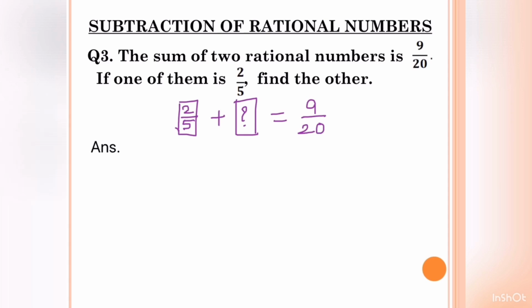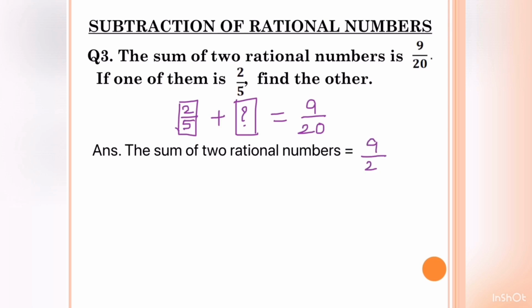Let us write what is given first. The sum of two rational numbers is equal to 9 by 20, and one of the numbers is equal to 2 by 5.